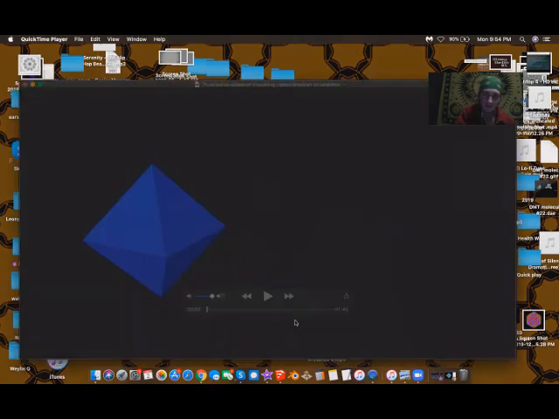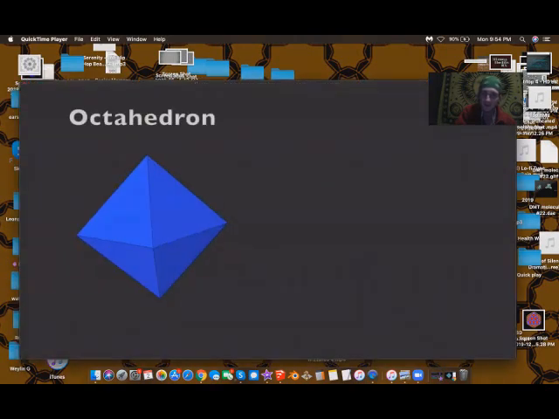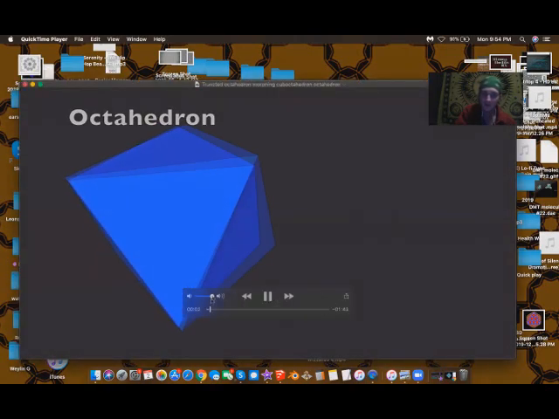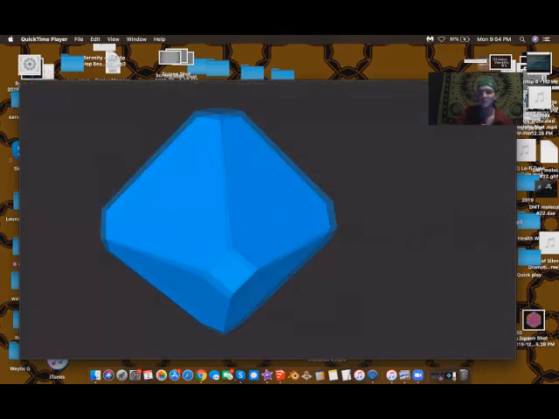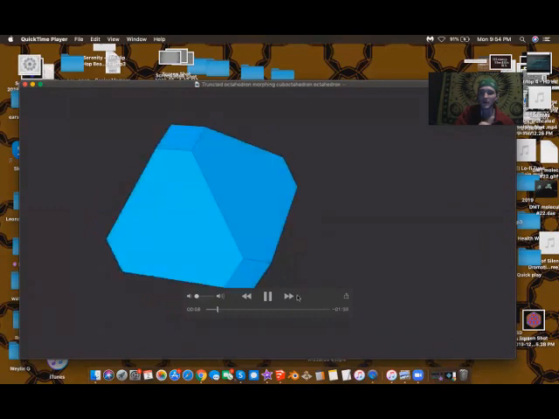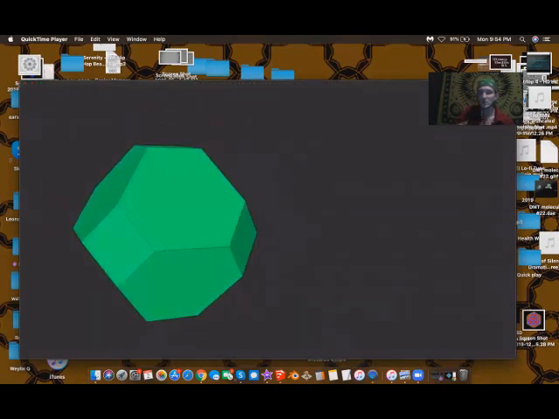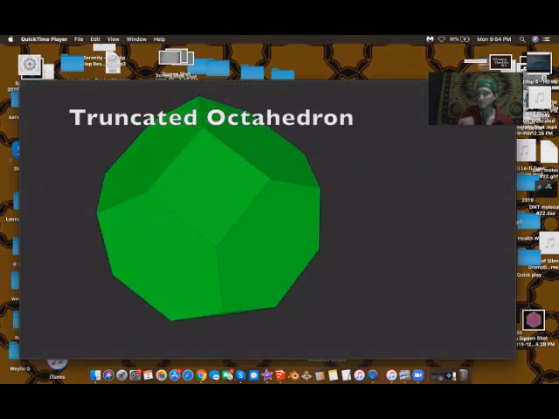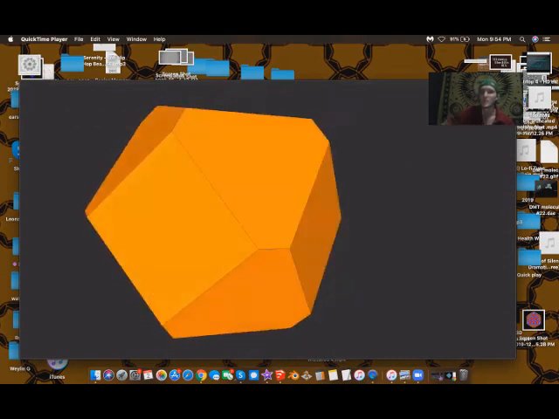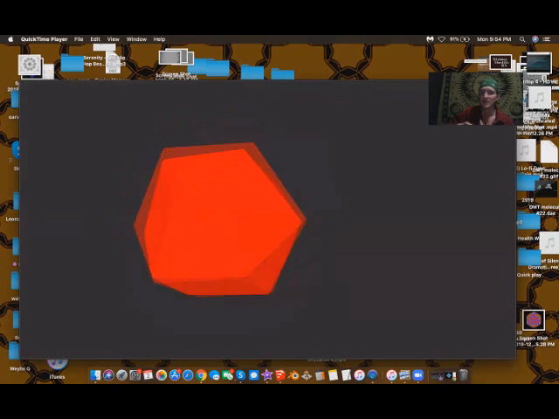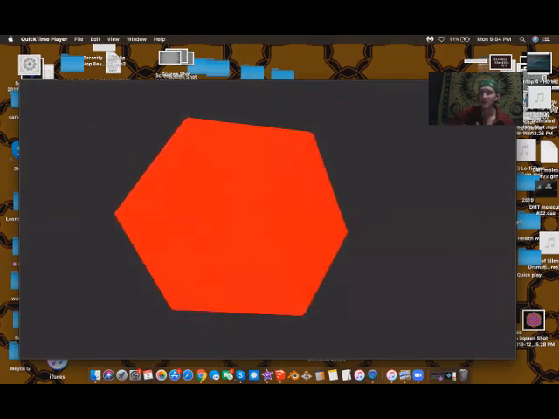So this started with the octahedron, and the shape starts to morph into a truncated octahedron. It keeps morphing over the same morphogenesis pattern until it becomes a cuboctahedron.